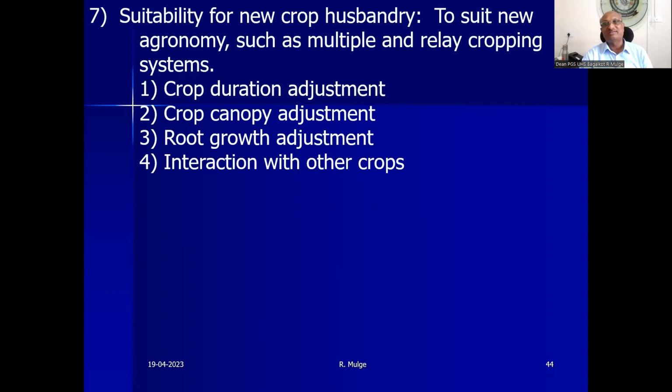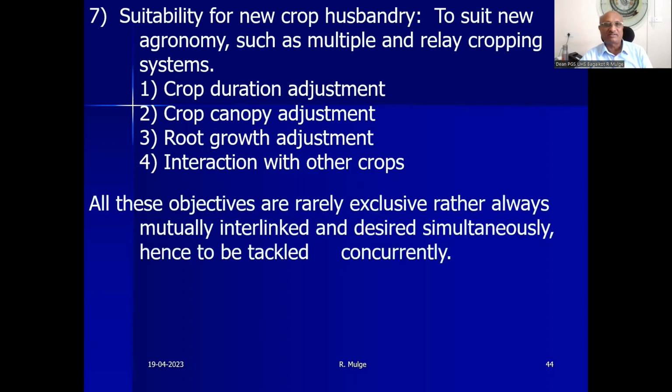The combinations are infinite. If a particular system is prevailing in a particular location, then you have to start breeding, like tomatoes or chilies, to grow in the early season of sugarcane fields. Like that, you can have varieties suited differently. But by and large, all these requirements: productive ability, quality, adaptability, disease resistance, insect pest resistance, and resistance to abiotic stresses.